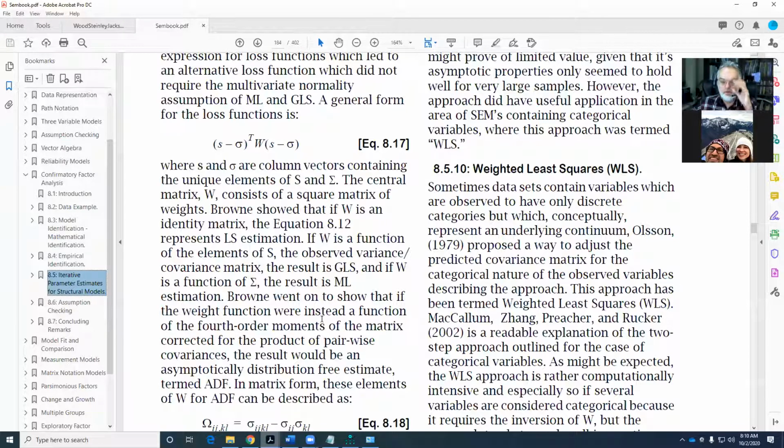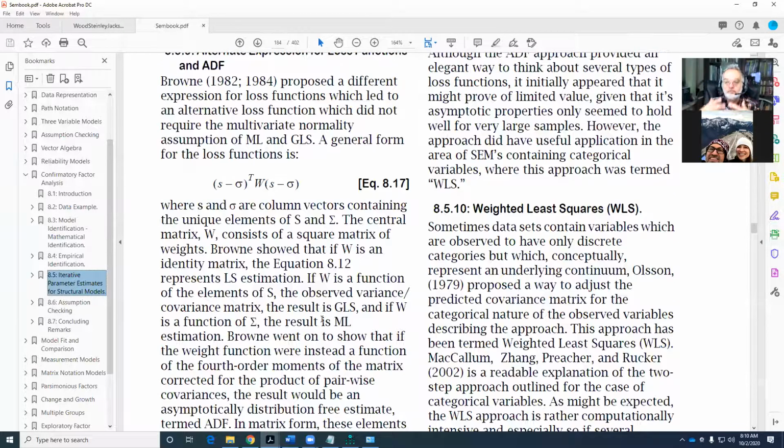I wanted to take a moment and rehearse what we're talking about in terms of our loss functions and wrap up the discussion here. The least squares loss function is an easy thing to understand. For structural equation models, we generally do not use it because it doesn't pay attention to the strength of association between variables as much as one ought to.